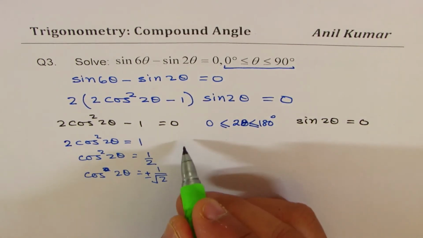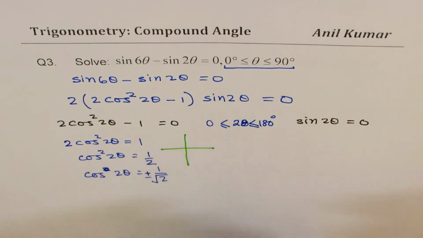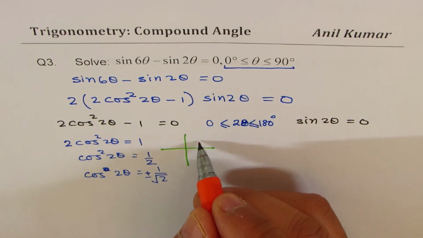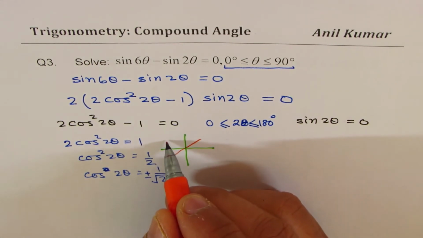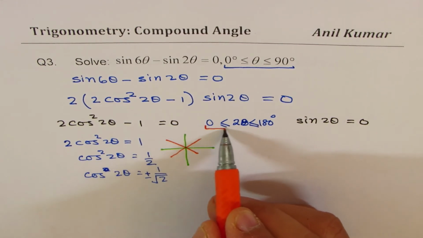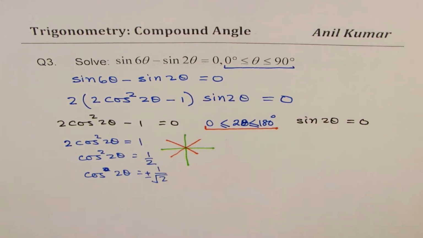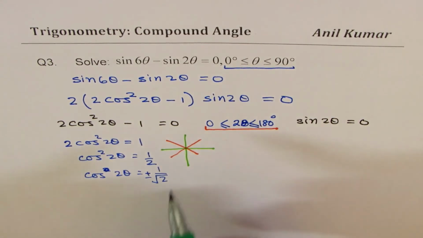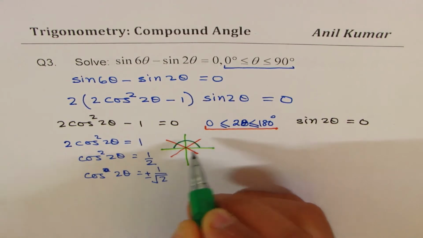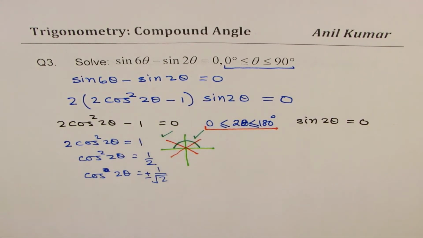That really means we are looking for 4 solutions, 1 in each quadrant. But our domain is from 0 to 180 degrees for 2 theta. So we are only looking for 2 solutions here, which are in this region. You get the idea, right?